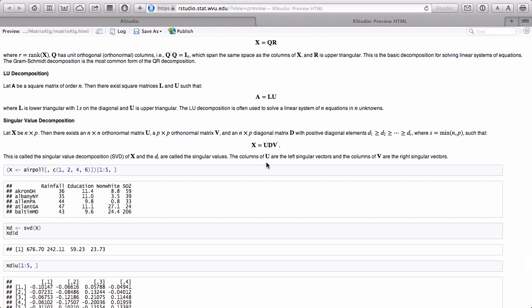The elements of D are called the singular values. And small singular values correspond to collinearities. Typically, we may look at the ratio of the smallest singular value to the biggest singular value. And if that ratio is too small, we know we have a problem.